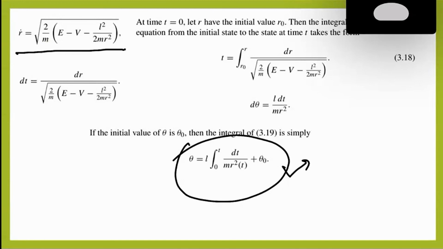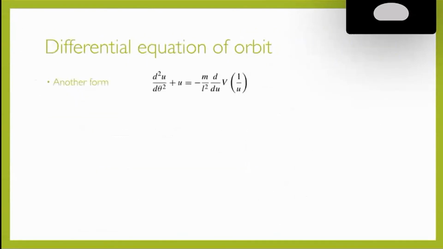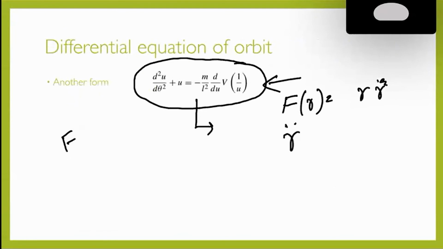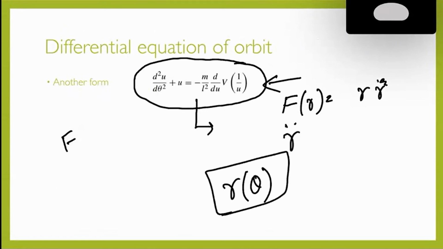So instead of finding R and theta as a function of time, we instead find R as a function of theta. This is what we do. This gives you a simpler way, a better way to find out the full configuration.